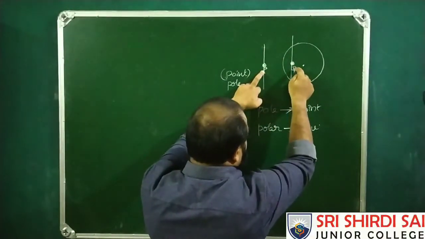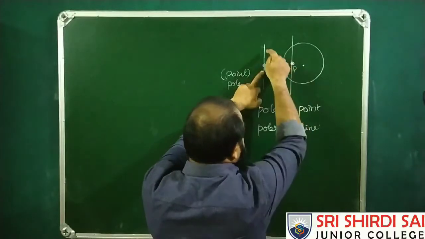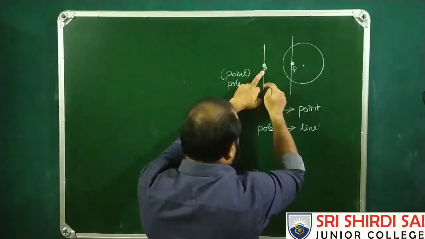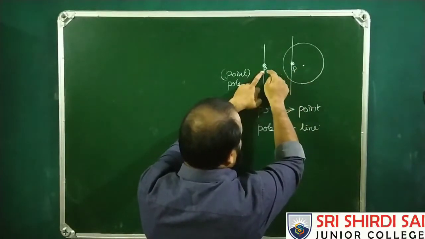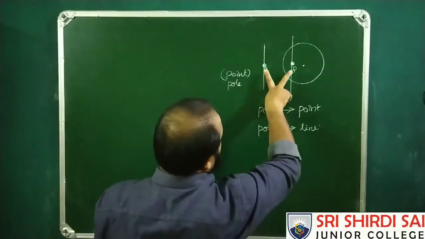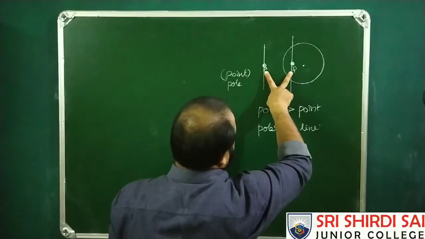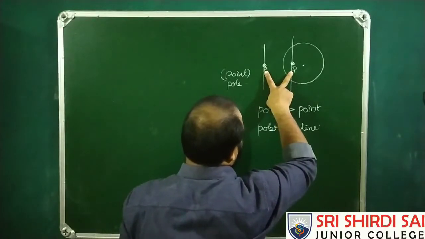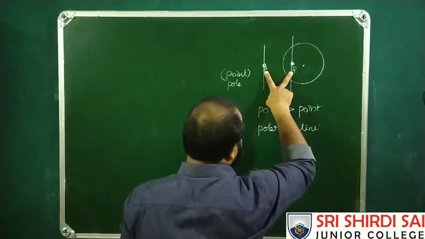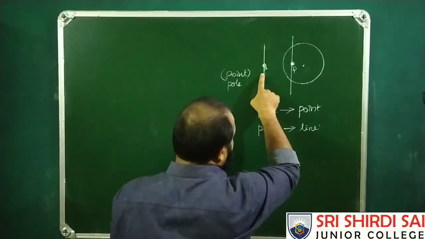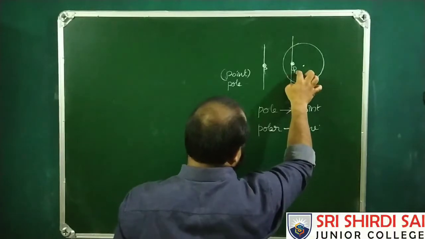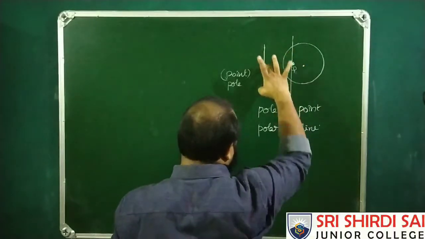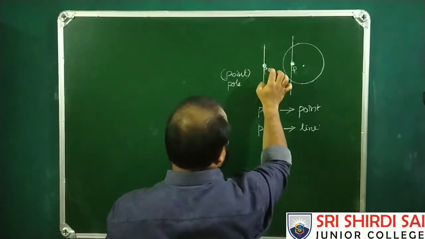The polar of the point Q is this, and this polar of Q is passing through P. Therefore, the points P comma Q are said to be conjugate points because the polar of P is passing through Q and the polar of Q is passing through P.